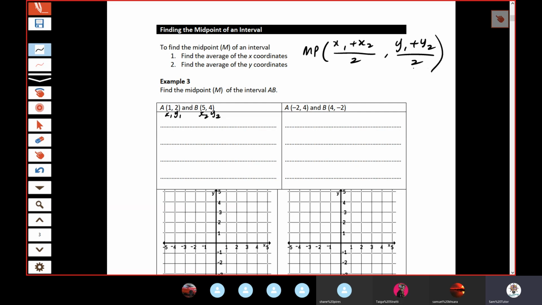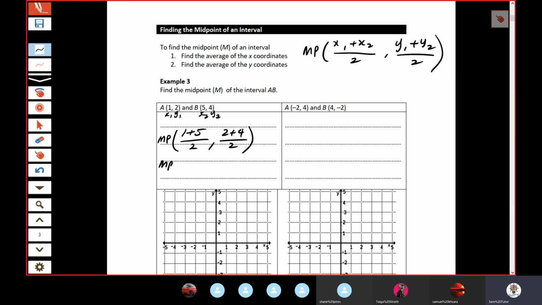So we know the formula now. It's x1 plus x2 over 2, y1 plus y2 over 2. So to find the midpoint of the interval of AB, the midpoint is x1 plus x2, right? That's the formula. So 1 plus 5 over 2, comma, 2 plus 4 over 2.